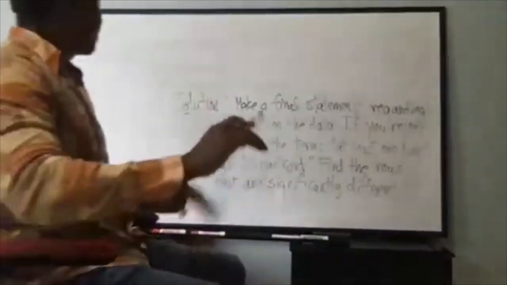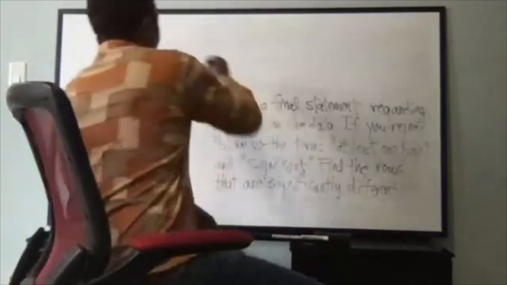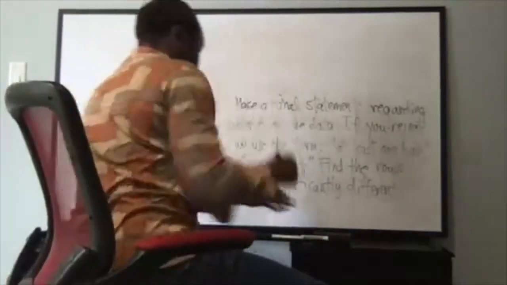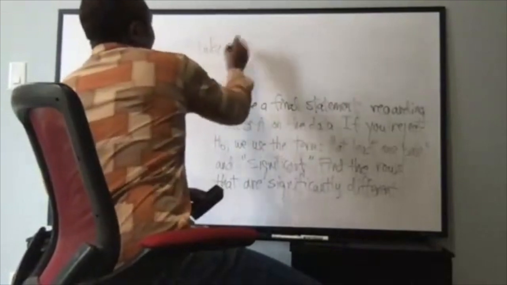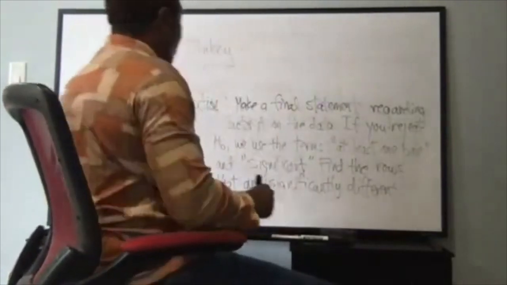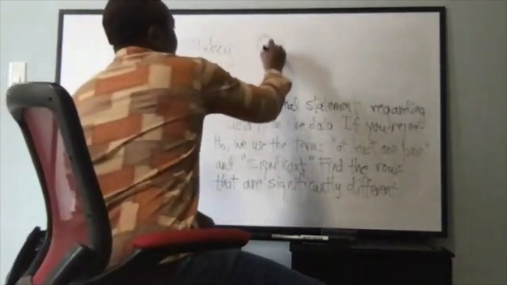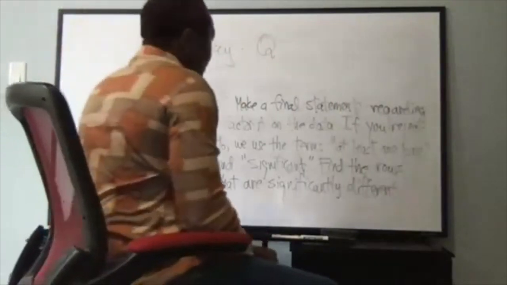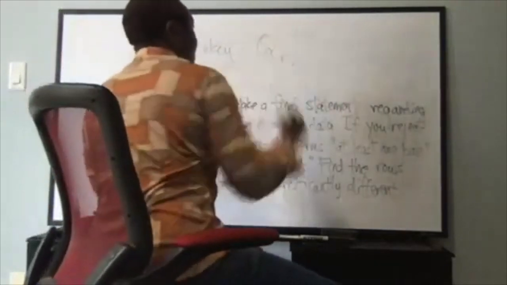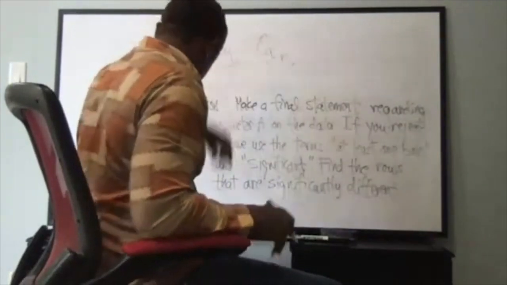All right. Well, once you get down here and have to figure out which rows are significantly different, we're going to use the Tukey, T-U-K-E-Y, but our Q is going to be different. So I'm going to go ahead and write this so you can have a reference for this. We're going to use the Q chart, but this time we're going to use R. This R is going to be the number of rows.